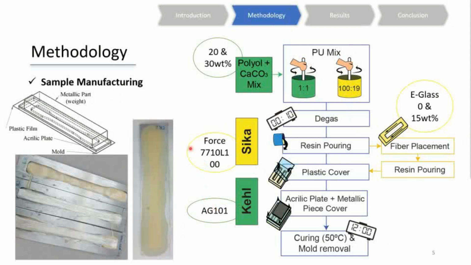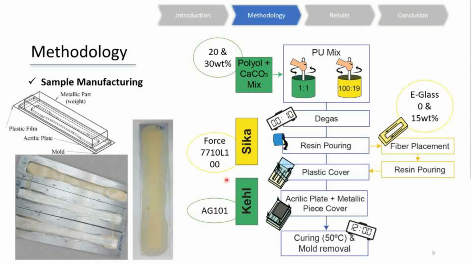About the methodology, samples were manufactured using bicomponent polyurethane resins, which means after mixing two reagents, a polyol and an isocyanate, the polymerization reaction starts. In our work, we used polyurethane from two different sources and made by two different manufacturers.